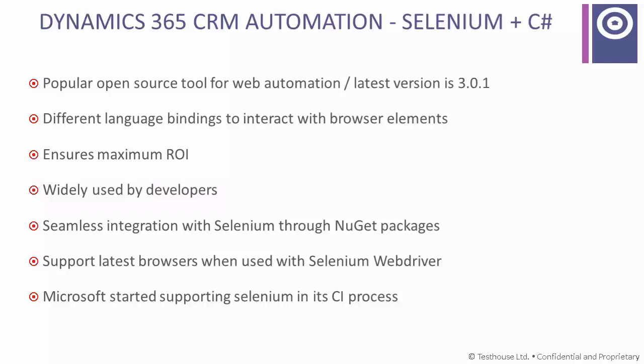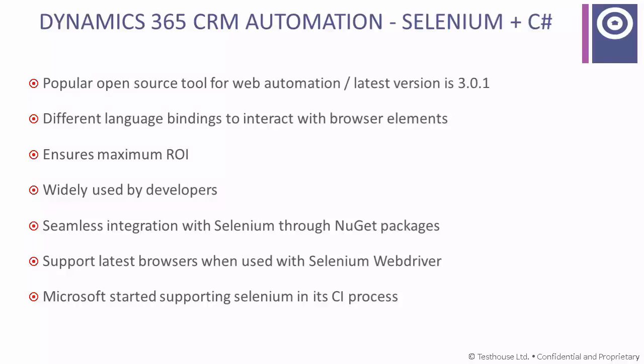The latest version of Selenium WebDriver is 3.0.1. Unlike in proprietary tools, automation using Selenium eliminates any upfront investment. At a later stage, it starts giving benefits throughout all your regression cycles in terms of time and effort. And through this reduced testing cycle, it maximizes your return on investment. Selenium supports different programming languages, actually bindings in that case.